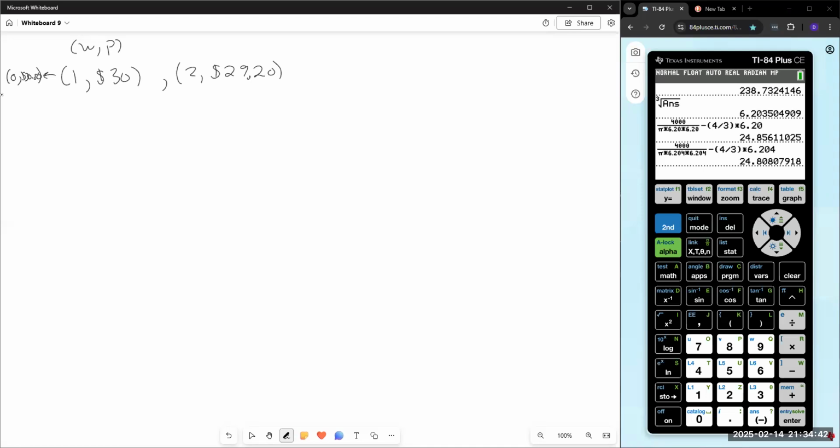So that should give me a price equation here that P is equal to negative 0.80 times the number of weeks after the harvest has ripened fully, plus an initial value of 30.80.